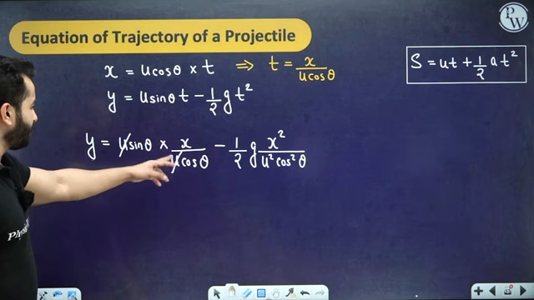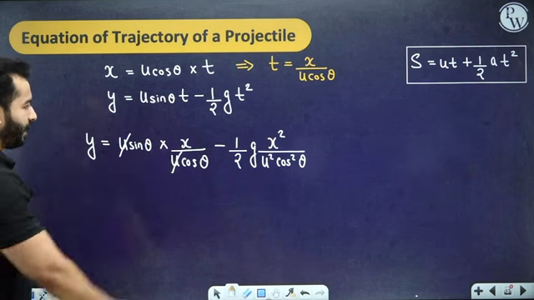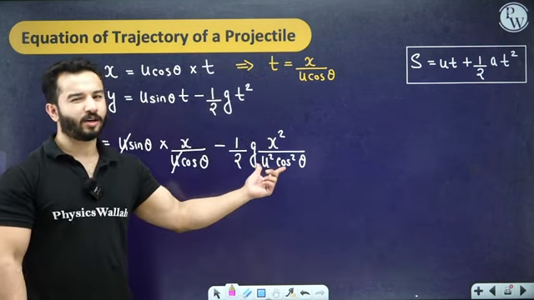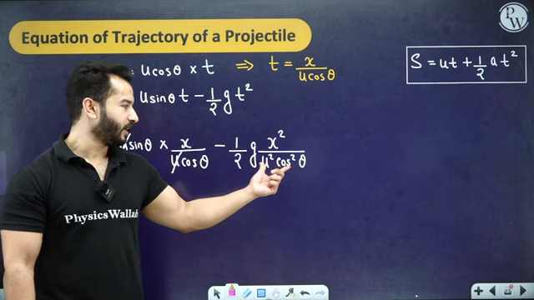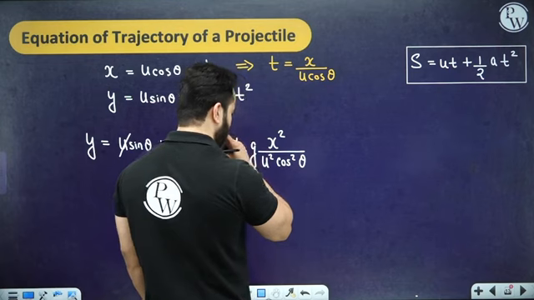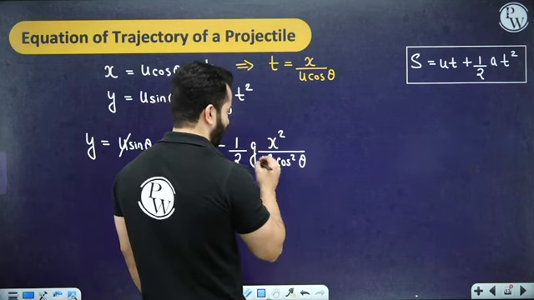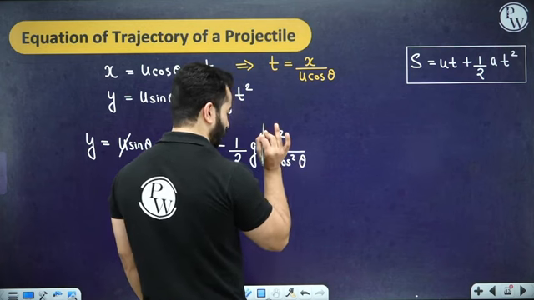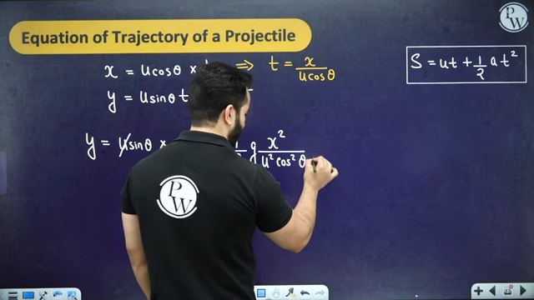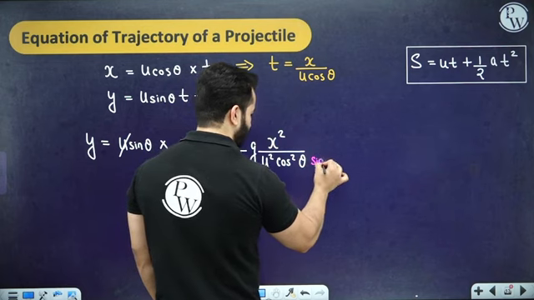This thing can be written as tan theta, right? And I can also make tan theta over here. So please see a very simple manipulation over here. I've got cos square theta over here, so I'll write one sin theta over here.